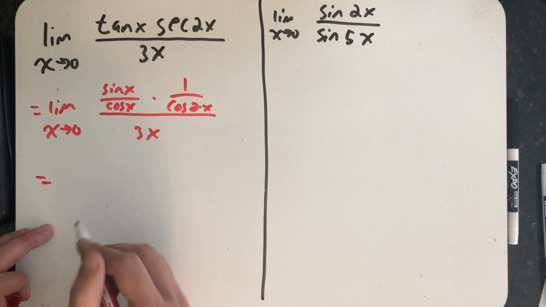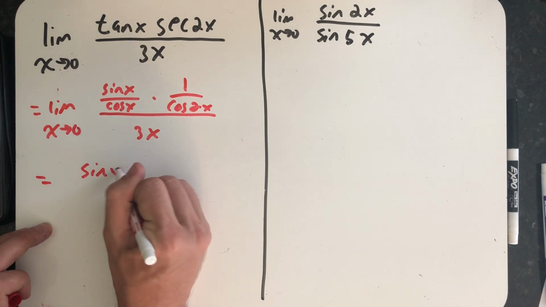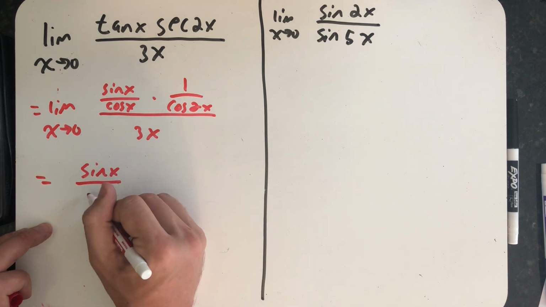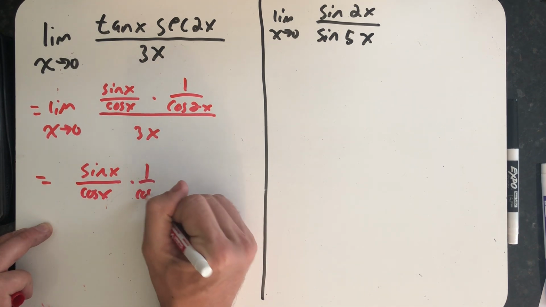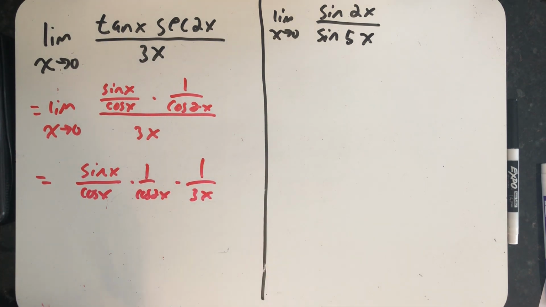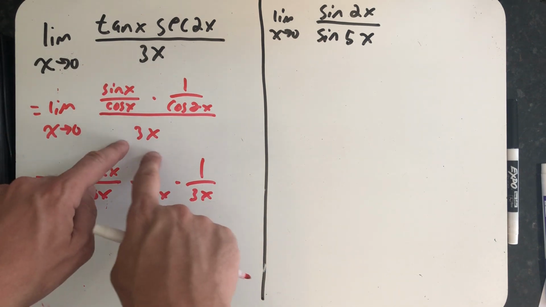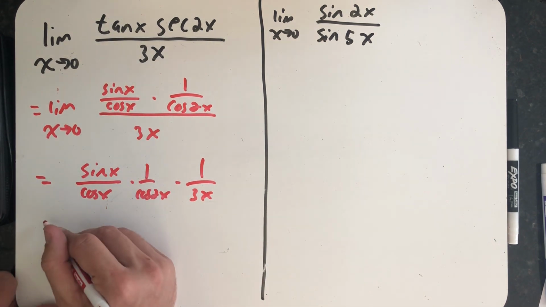All right, so let's rewrite this. Just rewriting this, I have a fraction times a fraction divided by a fraction. I'm just going to write that as a times a 1 over 3x.